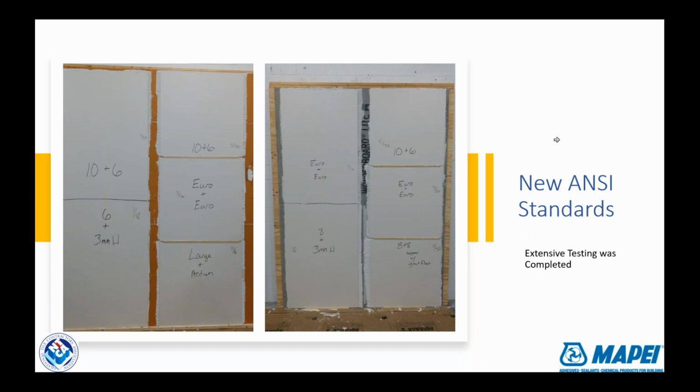So we did all kinds of installations. This panel had a 3mm square notch trowel on the tile and a size 6 Romandi slant ridge on the substrate, or vice versa: 3mm on the substrate, 6 slant ridge on the tile. And then we used a 10 slant ridge and 6.